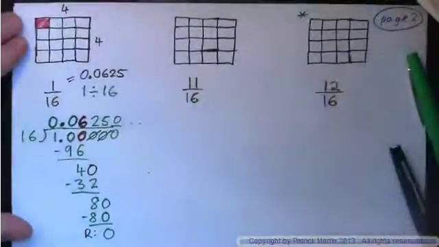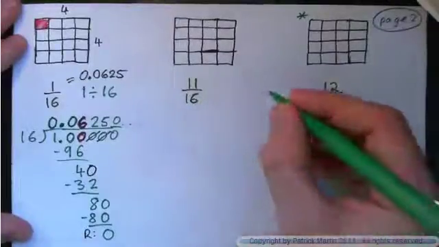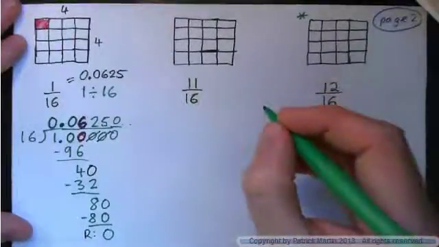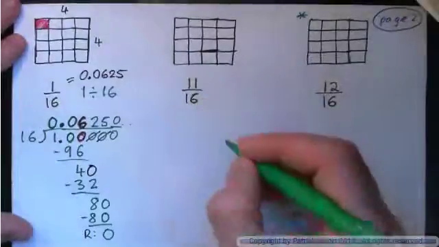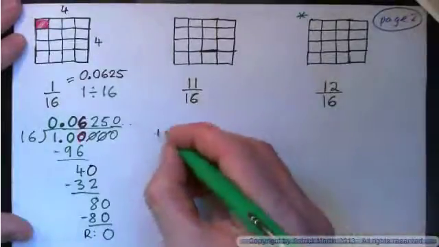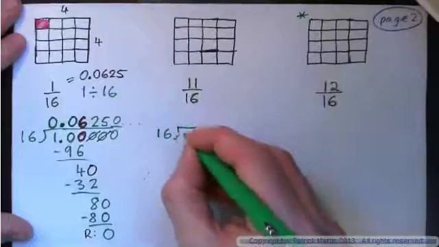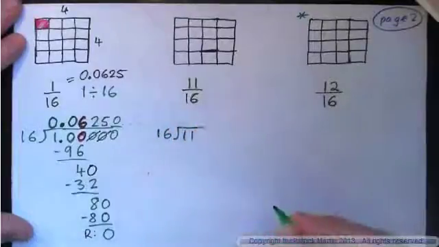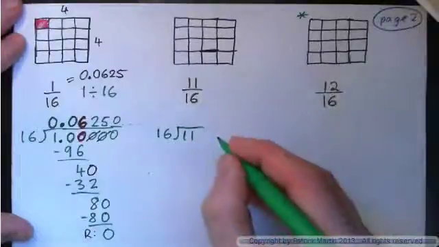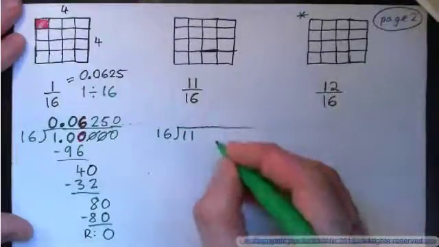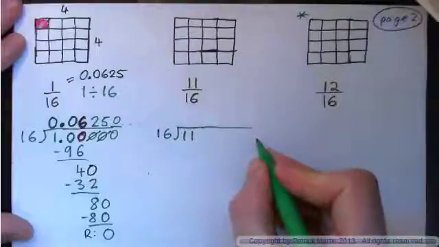So let's try 11/16, right? 11/16 is 11 divided by 16, or 16 into 11, which is weird, of course. Can we turn that into a big long decimal and do this long division?